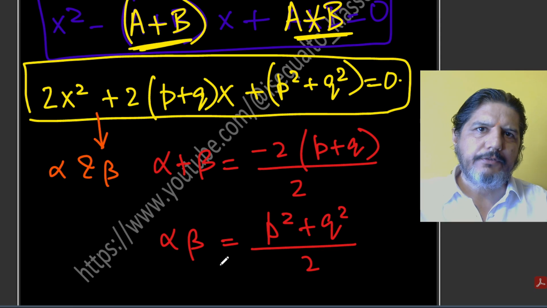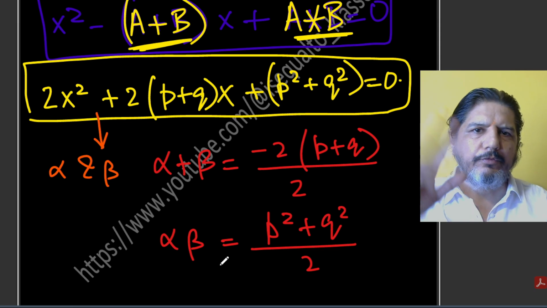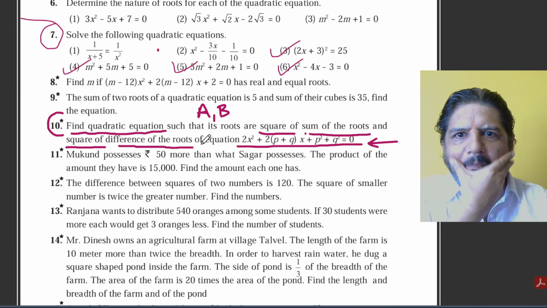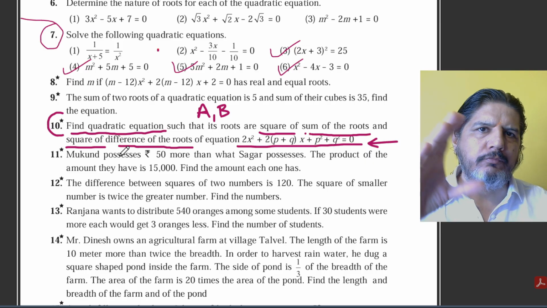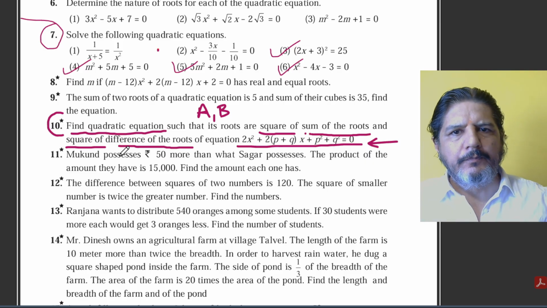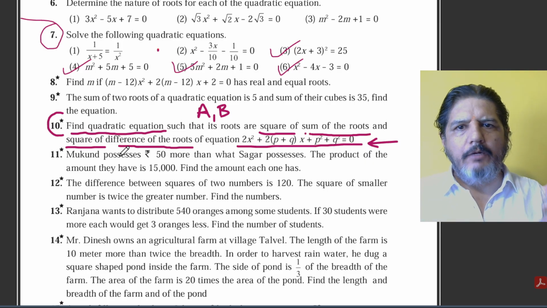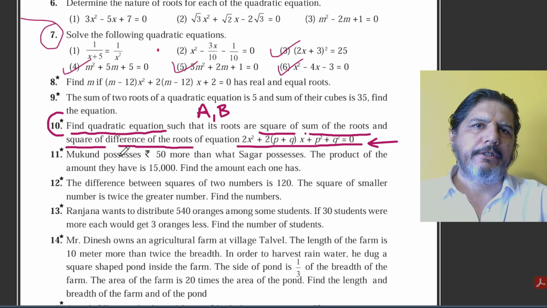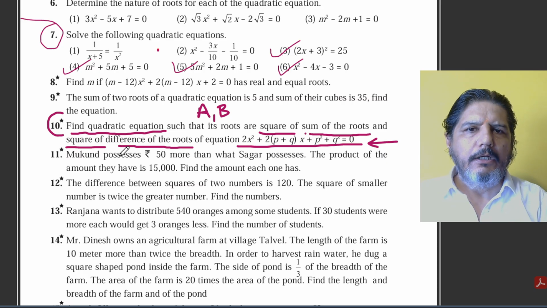So let's revise what we have done till now. We have to formulate a quadratic equation, such that its roots... Of course, if we have to formulate a quadratic equation, we require the roots.